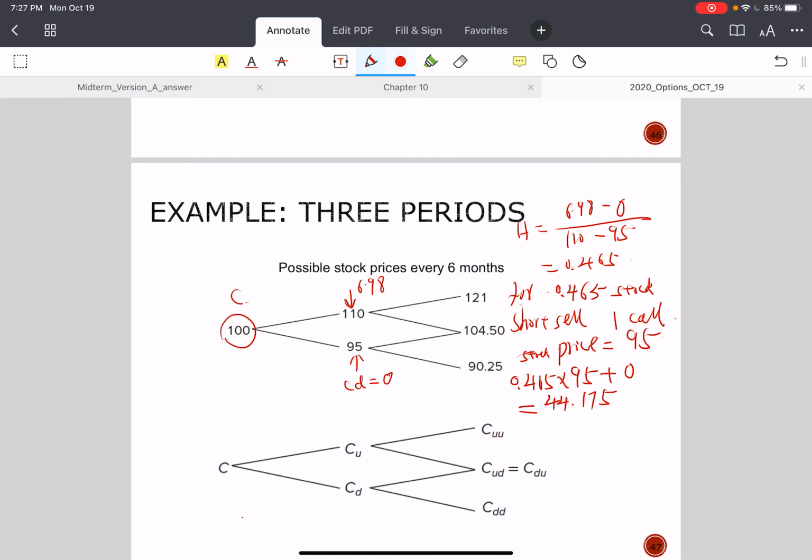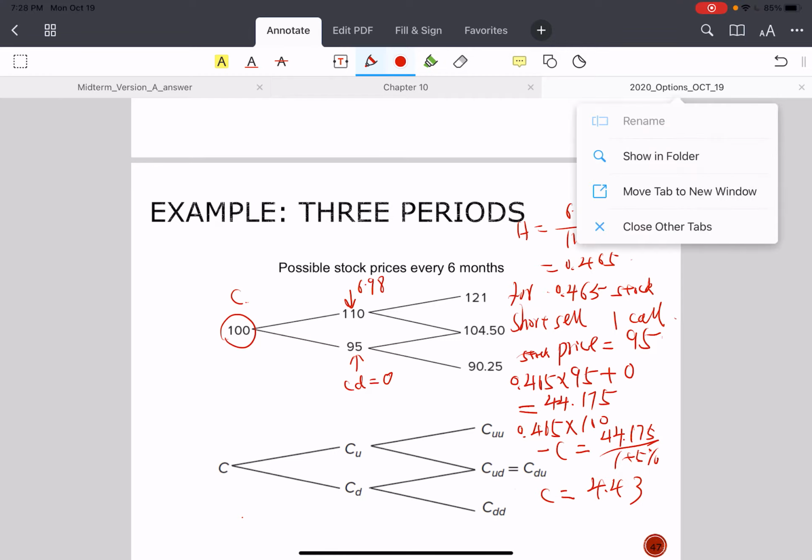So again, we could now price our call because we have this amount of stock and its present value is 100. And we have a short position of one call. And then this has to be equal to the discounted value of the future payoff. So this solves 4.43. Obviously, the hedging approach should generate the same answer as the replication approach.